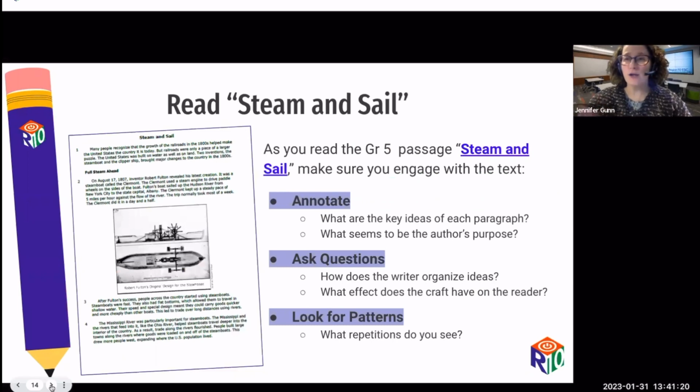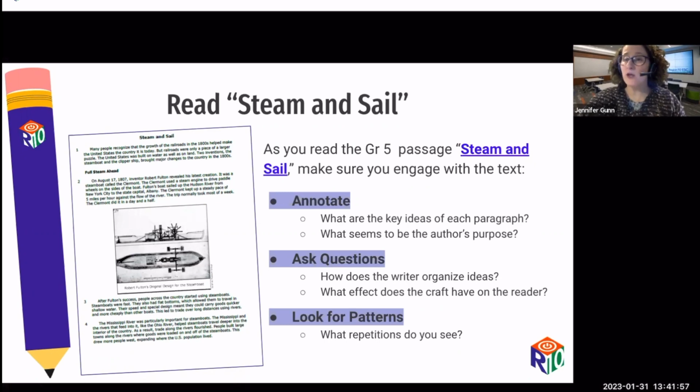Now, we are not going to stop our video for you to read, but hopefully you might pause the video here so that you can read this article, "Steam and Sail," because it is very important that you are familiar with the passage as the human raters who will be scoring these would be, because you will not be able to accurately and fully judge a piece of student writing unless you have also read that passage.